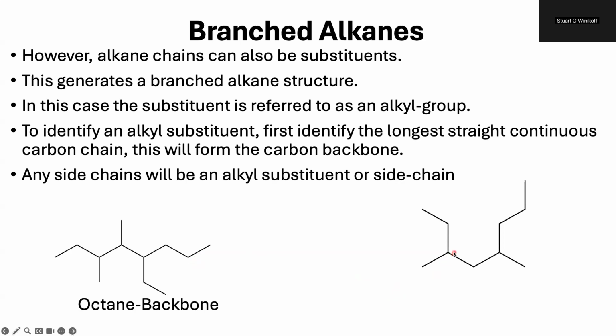One useful approach is to take every branching point and see how long it is in any given direction. Here we have 1, 2, and a lot. So my main carbon chain goes 1, 2, 3, 4, 5. Then from here, clearly going up is the longest, 6, 7, 8. So even though it might not look like it, this is also an octane species.